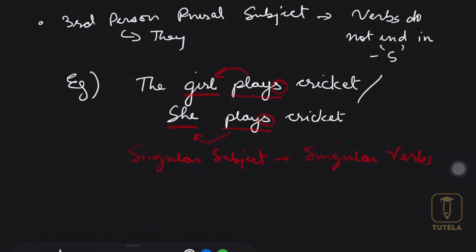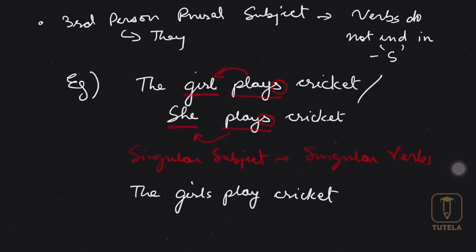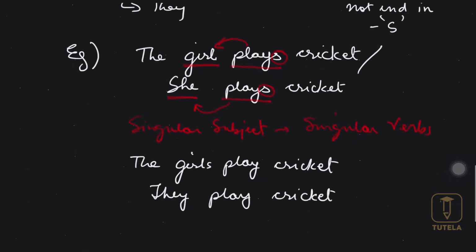Now, consider this other sentence. The girls play cricket, or they play cricket. In this case, the girls and they are both denoting plural subject.